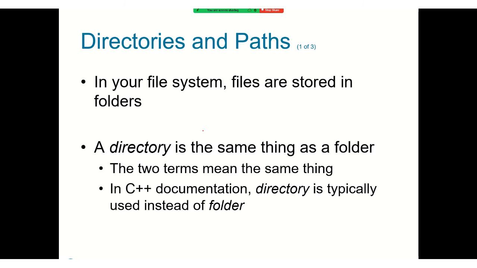For example, if you want to navigate through directories and files, you can use that header and the member functions inside it to navigate through. So it is a C++ tool that is used for navigating through the whole file system.